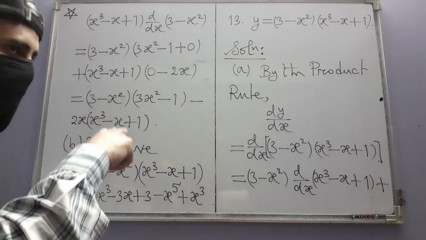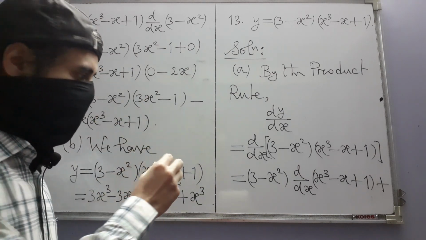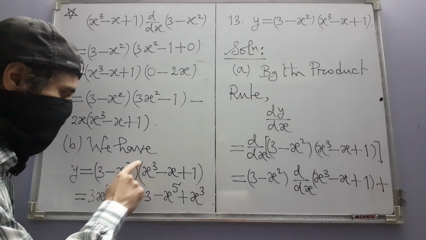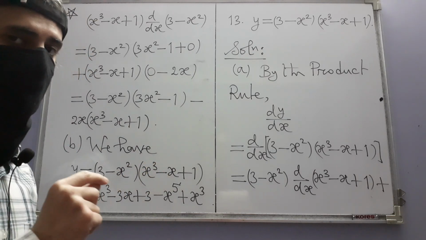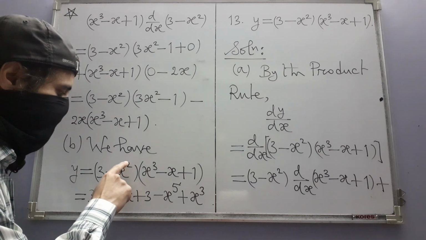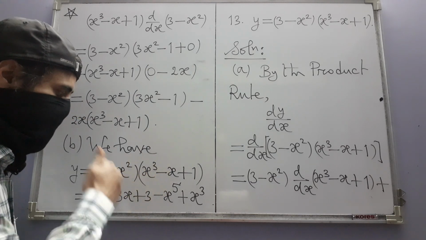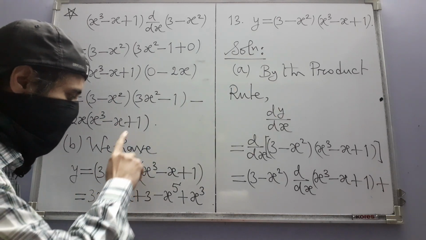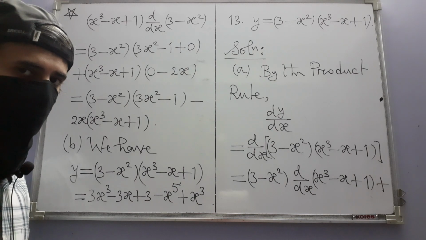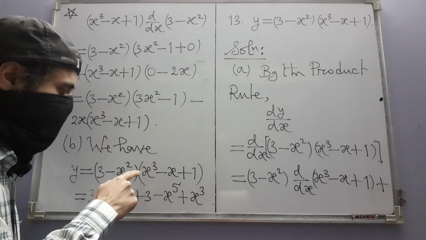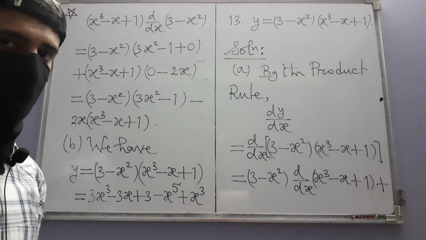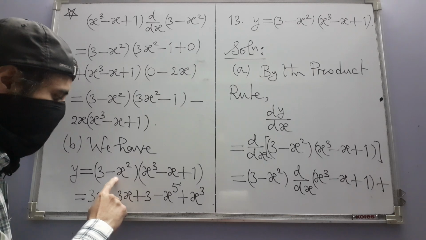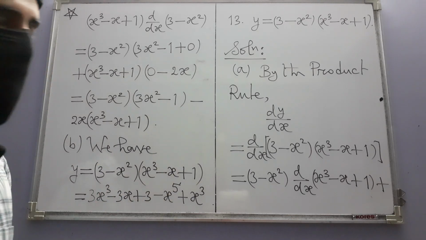When you have x square times x cube, there are 2 rules of exponents, right? In one of them, the exponents get added, and in the other, they get multiplied. If you have x square times x cube, then that is x to the power 2 plus 3. But if you have the cube of x square, that is x square whole cube, then 2 and 3 get multiplied. That's not the case here. Okay, so we have 5. And then what else? Minus x square times 1 is minus x square.